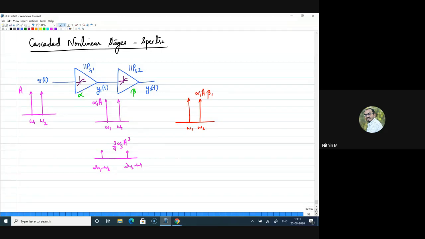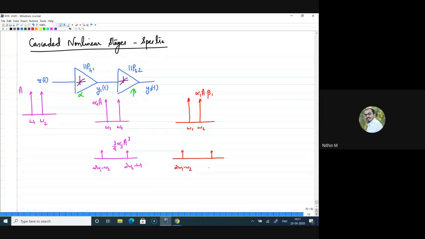And similarly I have two components coming very near to omega 1, omega 2, which are at 2 omega 1 minus omega 2 and 2 omega 2 minus omega 1, and those components can be written as follows.